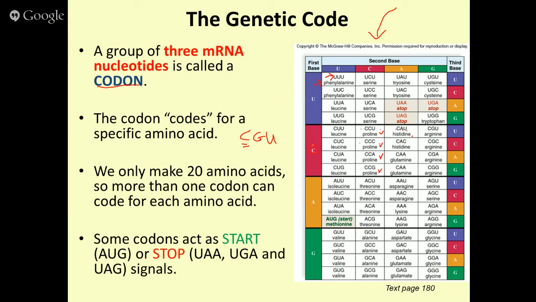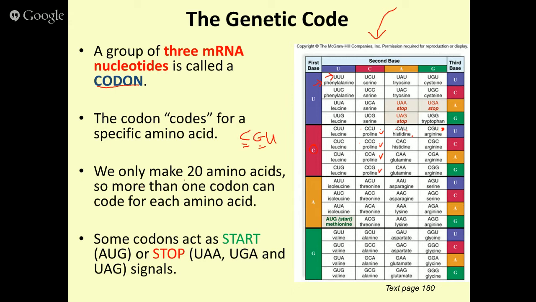So here's everything that starts with the C. Your second base is G, right? Find G. So then across C, down G, and third base is U. CGU codes for arginine. So you would know if your messenger RNA has the trio CGU, you would put in the amino acid arginine in that position on your protein.